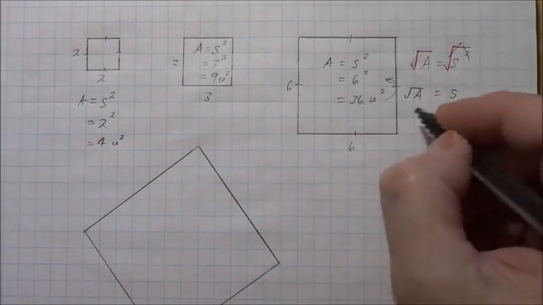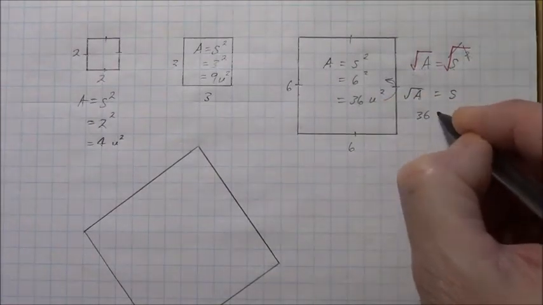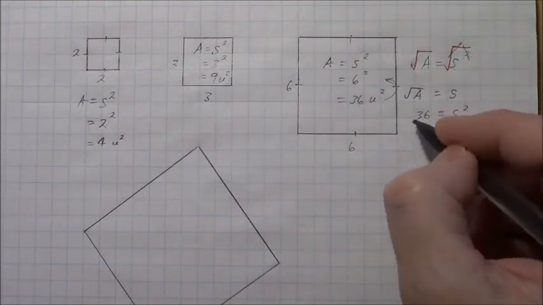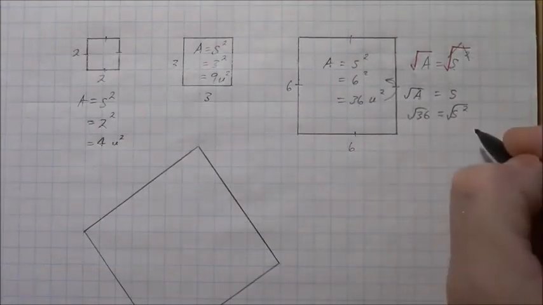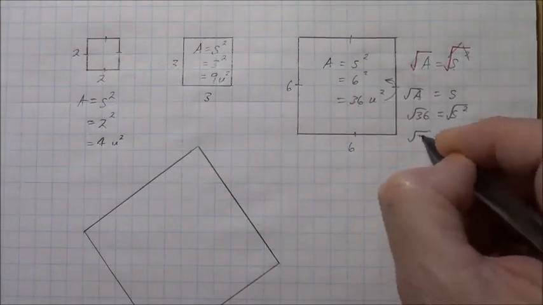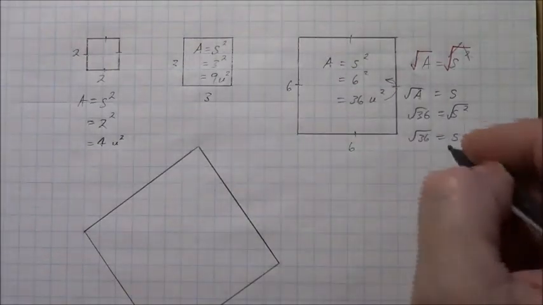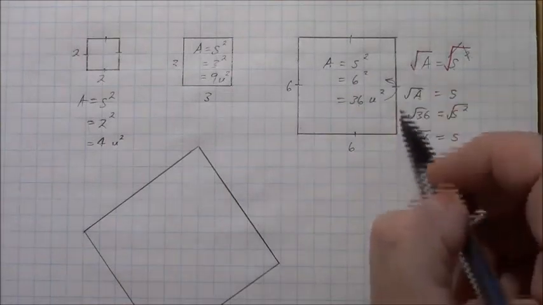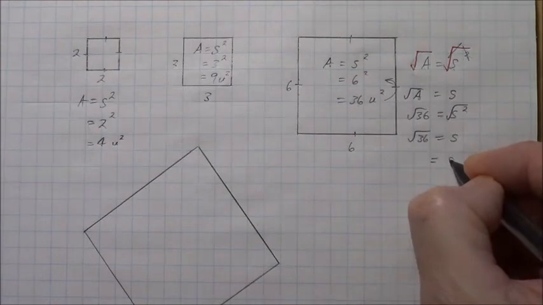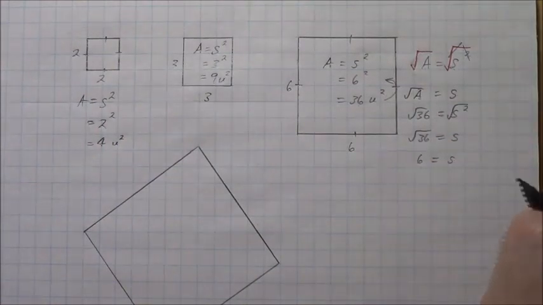So if we take this example, we know that the area here in the square is 36. And we know that equals side squared. By taking the square root of both sides, we know that the side length is equal to the square root of 36. Because we're talking about lengths, we're not going to worry about plus or minus here, because it's a distance. The distance is just going to be a positive value. The side length is the square root of 36, which means it's 6 units long.